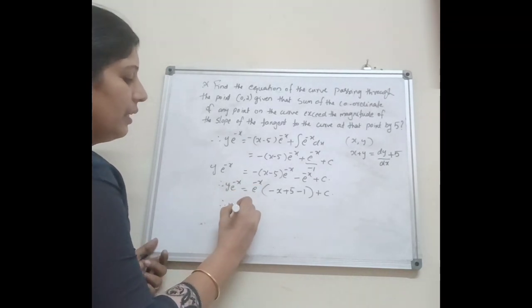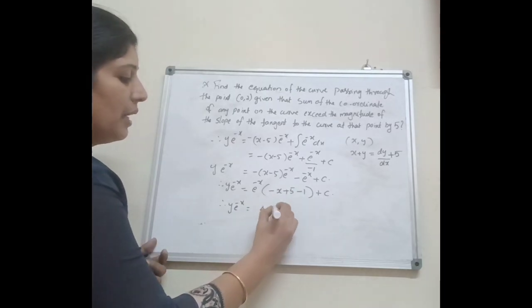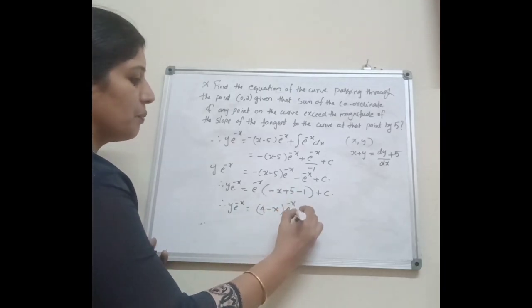Therefore, y e raised to minus x equal to 5 minus 1, that is 4, minus x, into e raised to minus x plus c.